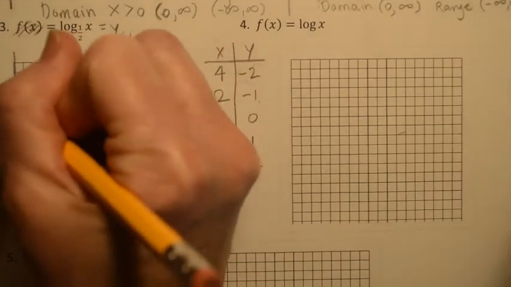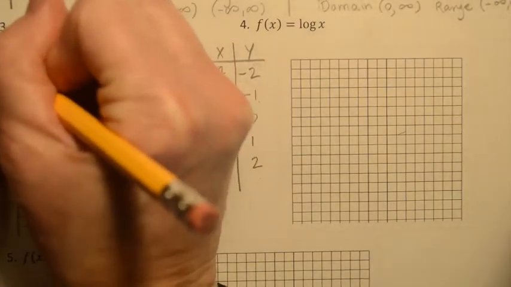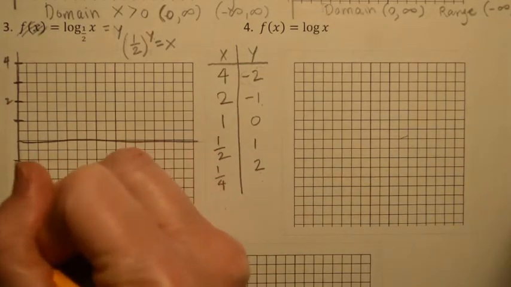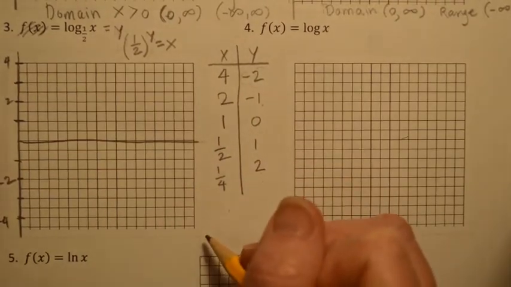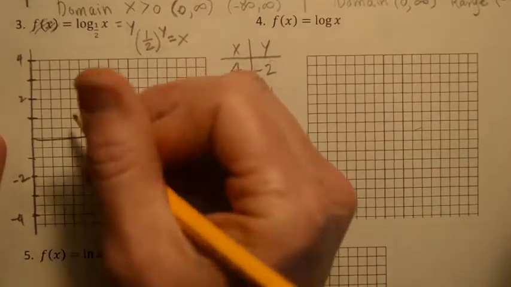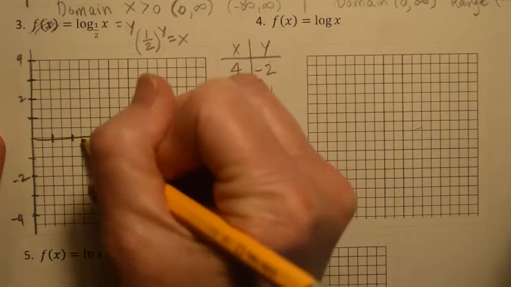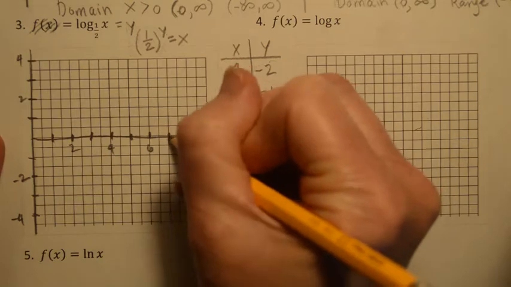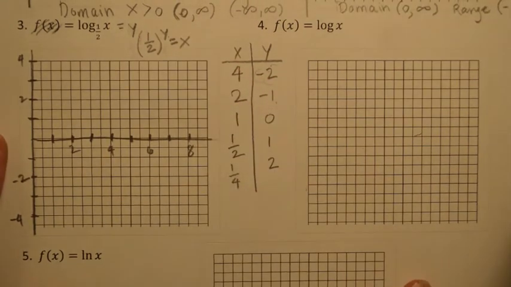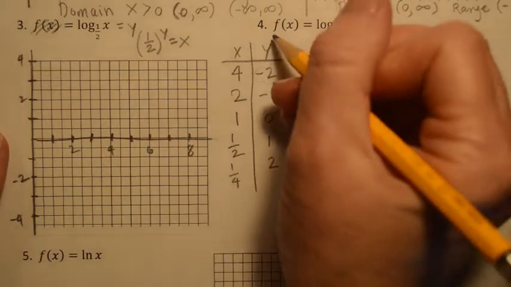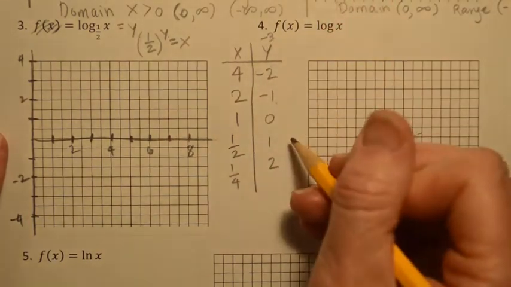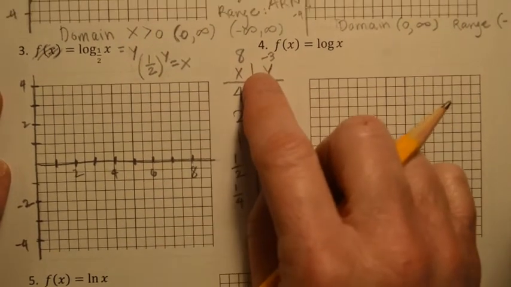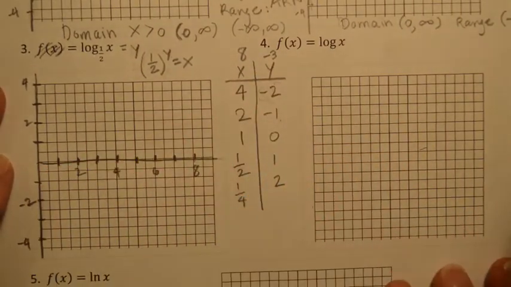We do 1, 2, 3, 4, and 1, 2, 3, 4. And then we'll go over and count the same way that we did before. So 1, 2, 3, 4, 5, 6, 7, 8. All right, again, I'll put -3 up here to give us that 8 to help us get a better trajectory here.